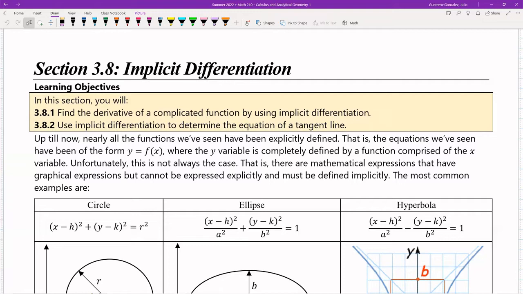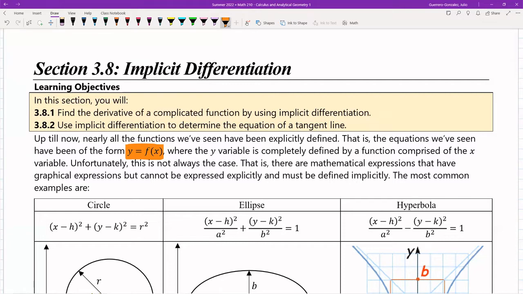Up to now, from kindergarten all the way to today, you've mostly been messing around with explicitly defined functions, of the form y equals some function of x, where the y variable is entirely and completely defined by a function comprised of the x variable. So that if you plug in a value for x, you get a y value.